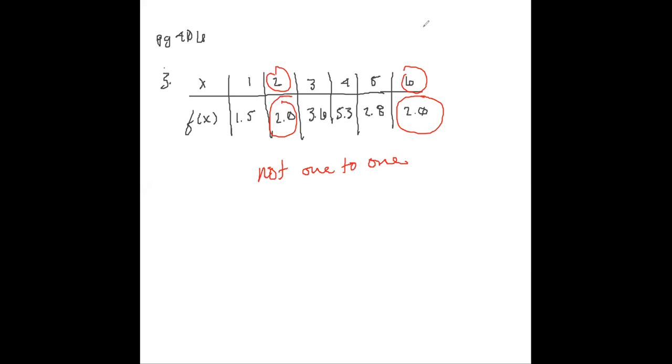What about if we looked at a graph? For instance, number 6. Didn't mean to do that in red. We have a graph that looks a little bit like this. Here's our x-axis, here's our y-axis. What do you think about this one?